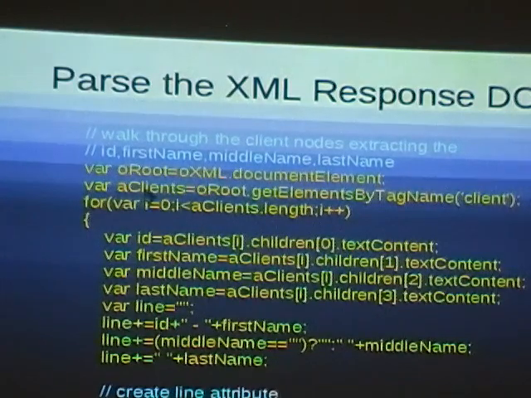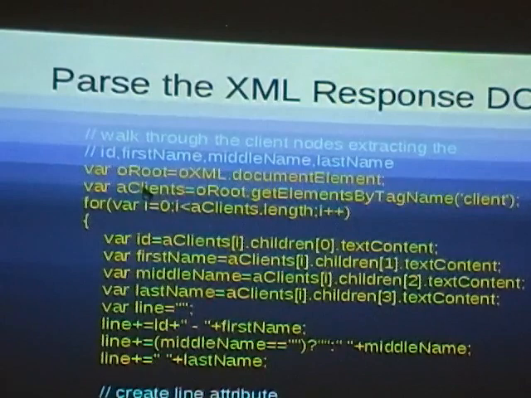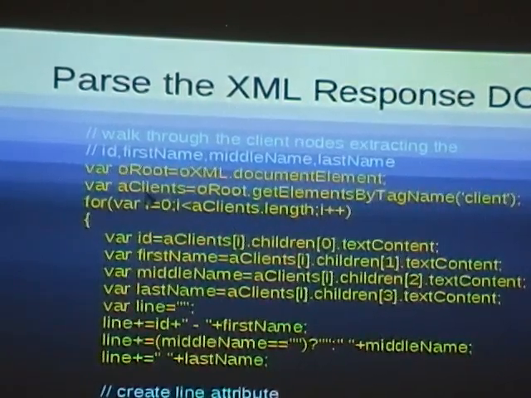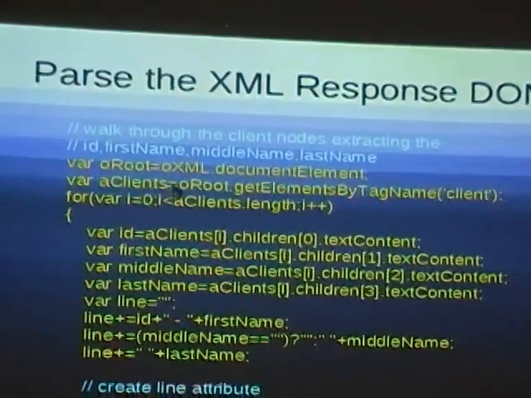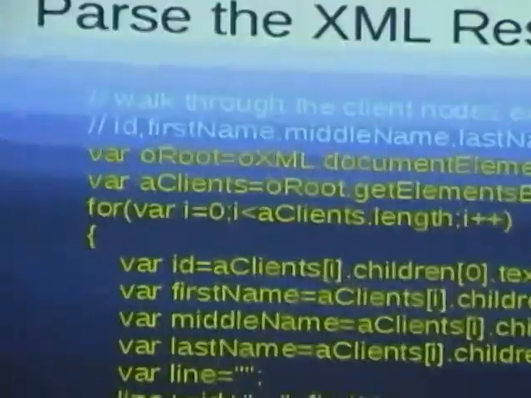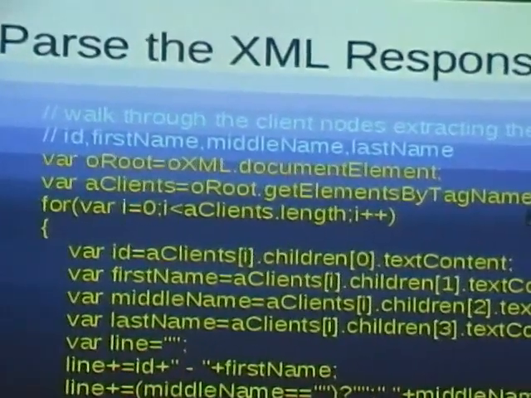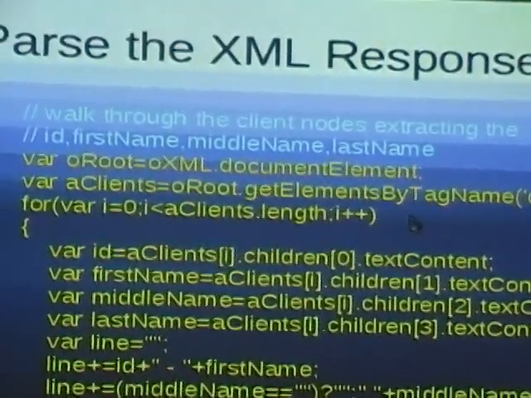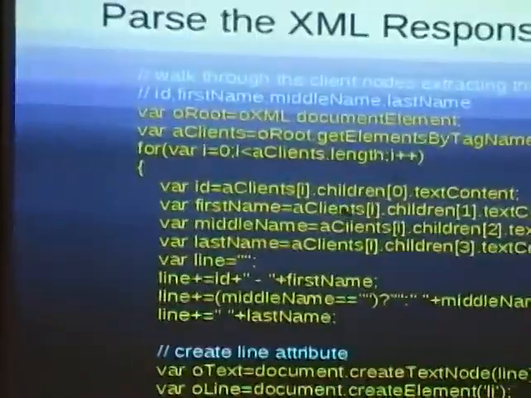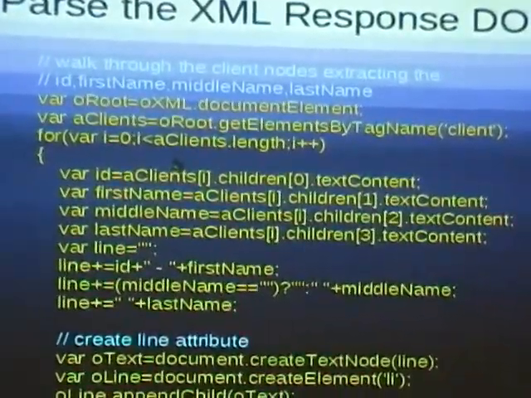Then what I like to do is create an array of all these tags. If you recall, I had the word client. So here I created an array of all the things with the tag name client. Each item in the array would be one client.